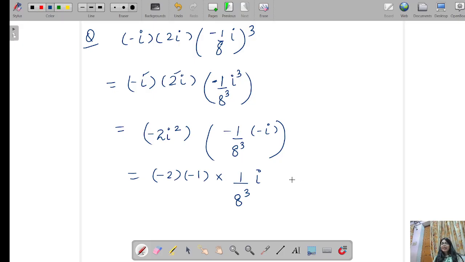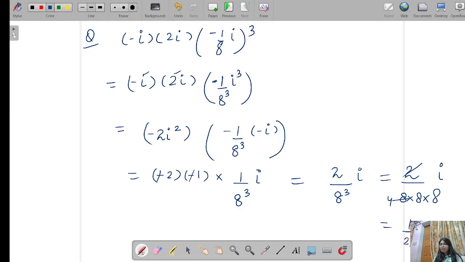Alright, and here if I'm going to solve this, this will be this, 2 by 8 cube iota. I can further simplify them. 8 cube basically means this, and this. Okay, in the denominator I have come with 256.